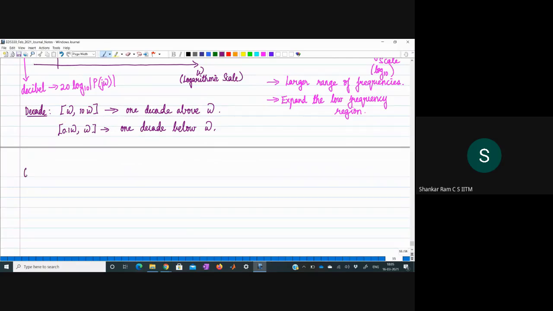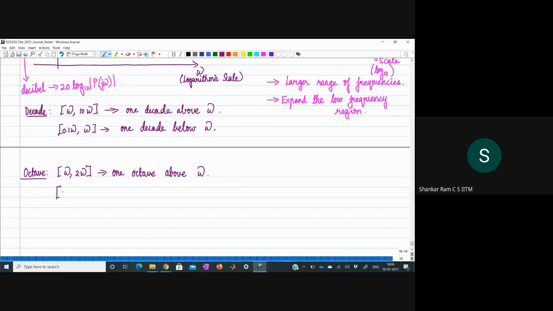Similarly, we can have a frequency range which is in terms of octaves. So what is an octave? We go from a frequency to twice that frequency. So going from omega to 2 times omega will indicate a frequency range which is 1 octave above.